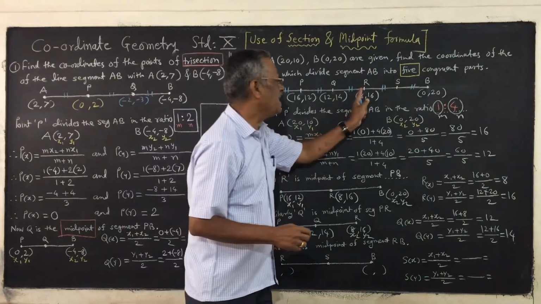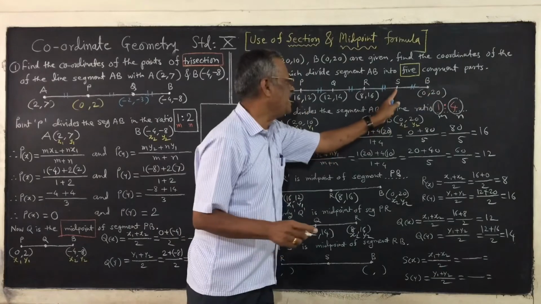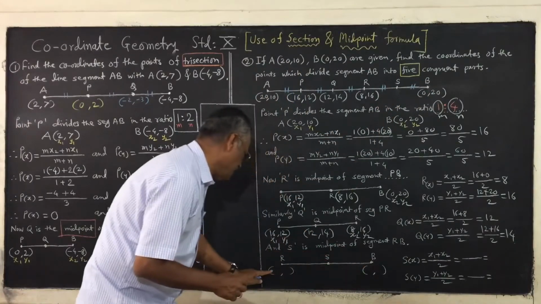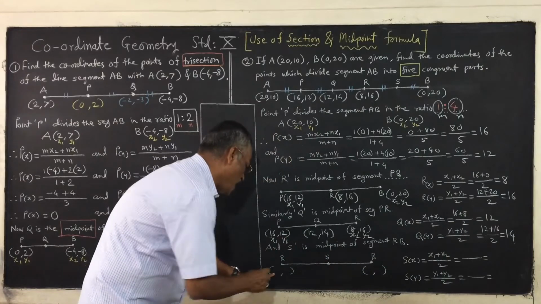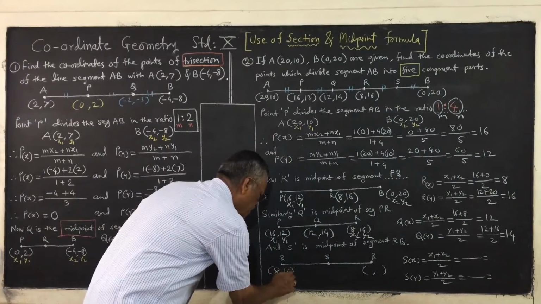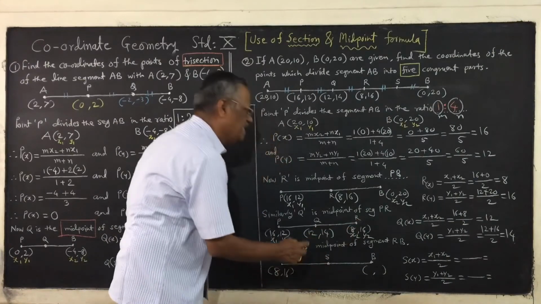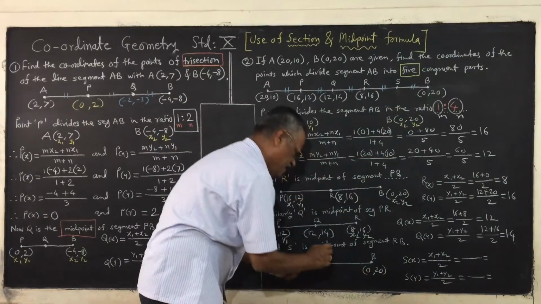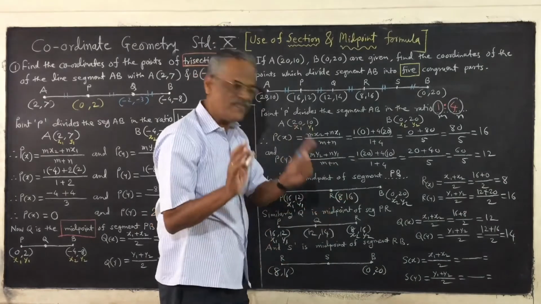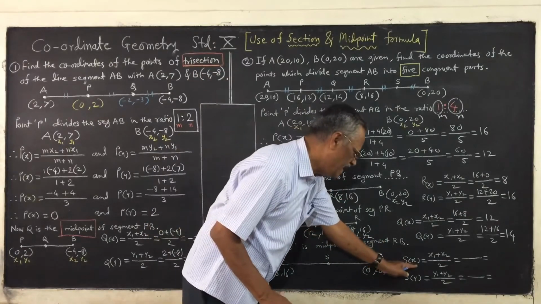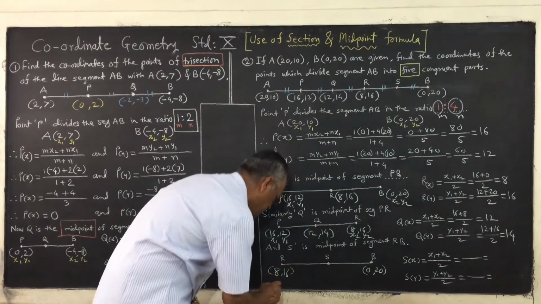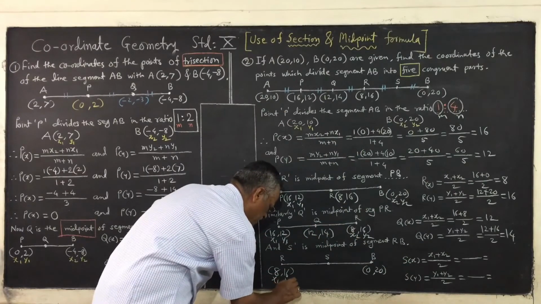Now remember that RB is the segment and S is the midpoint there. RB is the segment. What are the coordinates of R? 8, 16. And B coordinates are 0, 20. By using the midpoint formula, the x coordinate of S. This is your x1, y1.